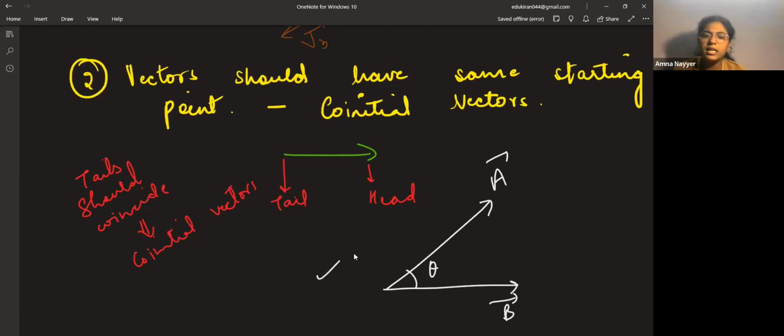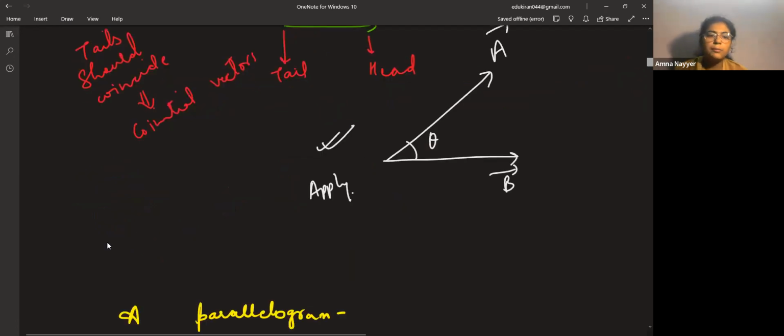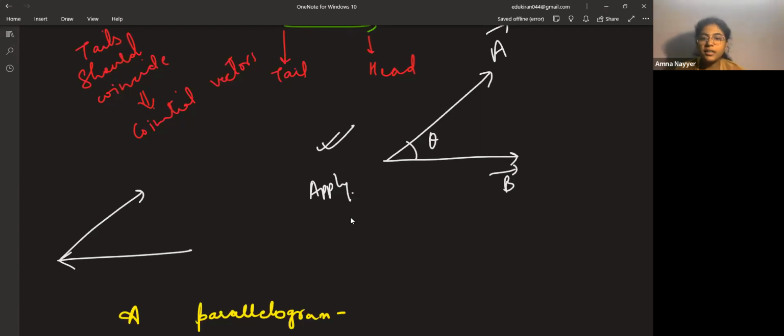This is valid. Here you can apply the parallelogram law of vector addition. Suppose this is given to you, you cannot apply the law. Or if they are given at a distance, suppose this is one vector and this is the second vector.